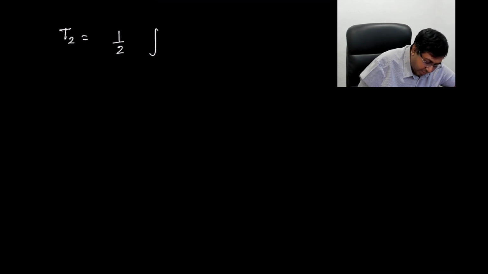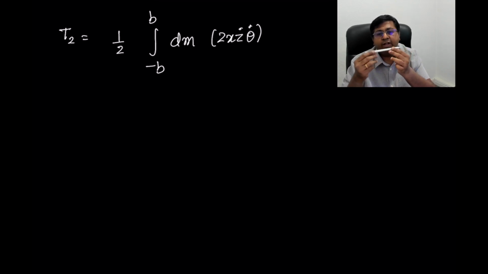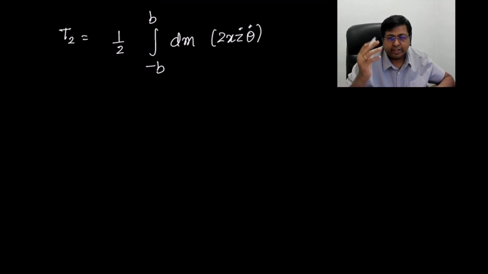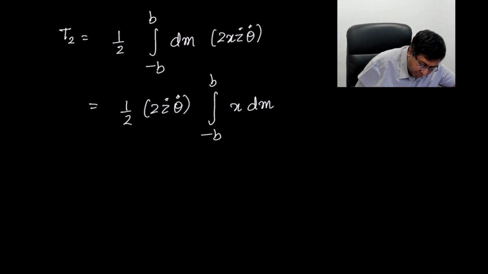So let's go ahead and calculate our term 2. T2 we wrote as half minus b to plus b dm into 2x z dot theta dot. Z dot and theta dot are again independent of the x direction, so it doesn't matter where we are. So I can rewrite this as half into 2 into z dot into theta dot, minus b to plus b of x into dm.